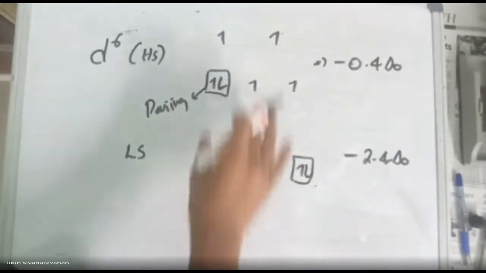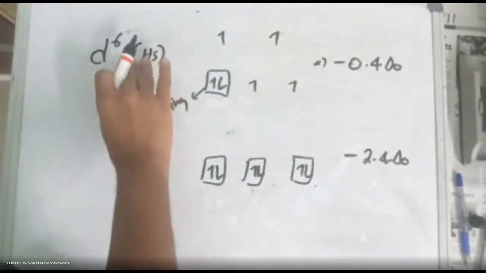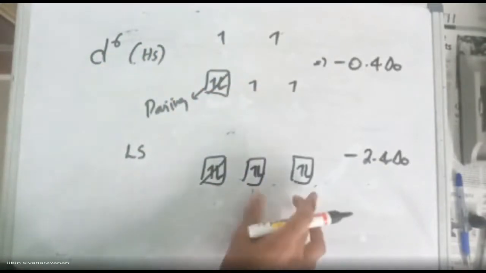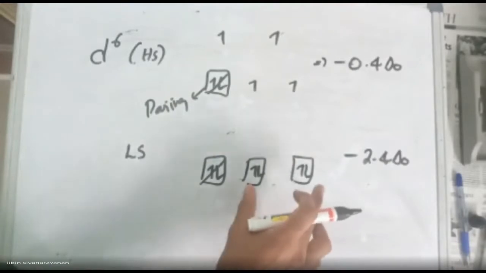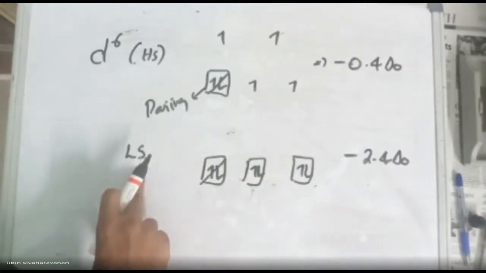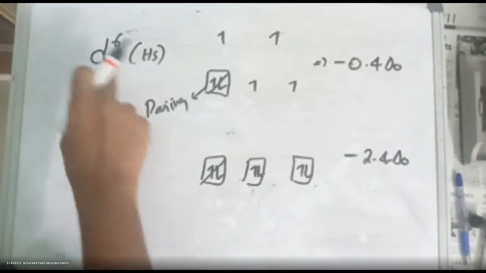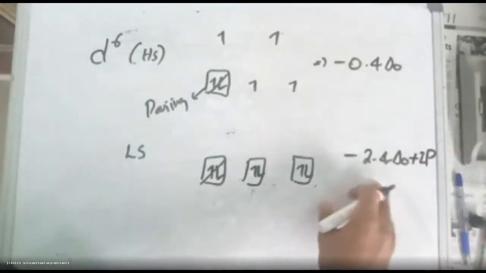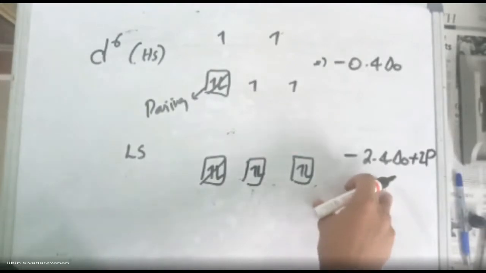So when we are comparing high spin and low spin, one pairing energy gets cancelled, and two more additional pairings are there in the low spin configuration of d6. That also we have to add to the crystal field stabilization energy.